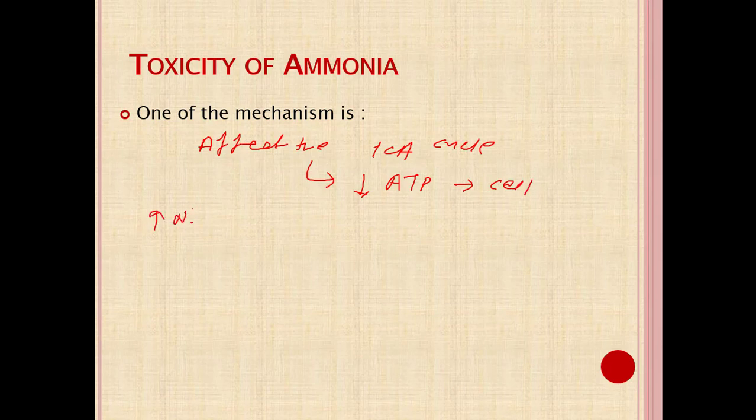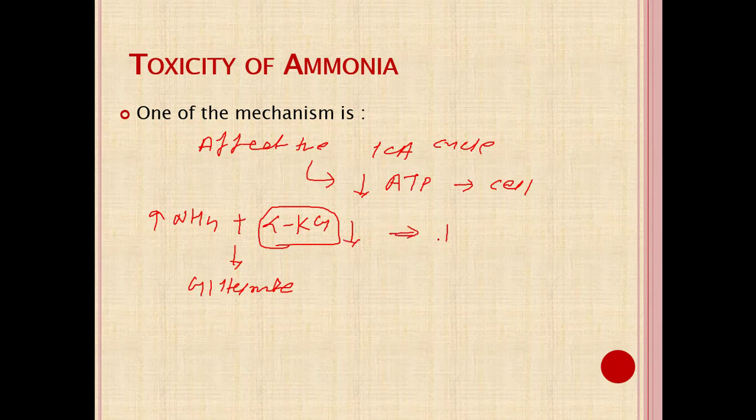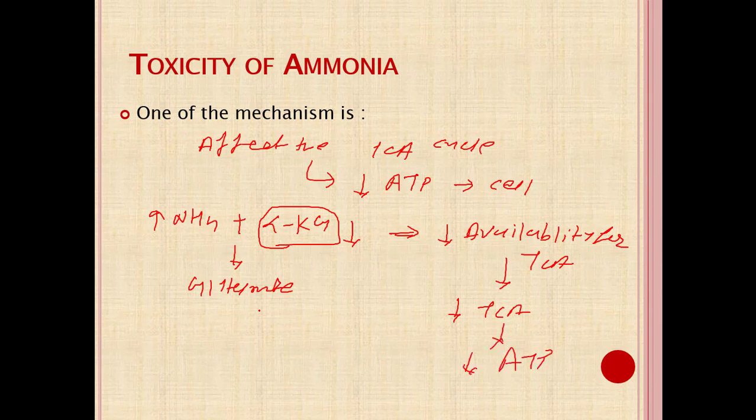Increased ammonia binds with alpha ketoglutarate and produces glutamate. So alpha ketoglutarate is consumed, decreasing its availability for the TCA cycle, because it is an intermediate of the TCA cycle. So the TCA cycle is impaired and ATP production decreases.